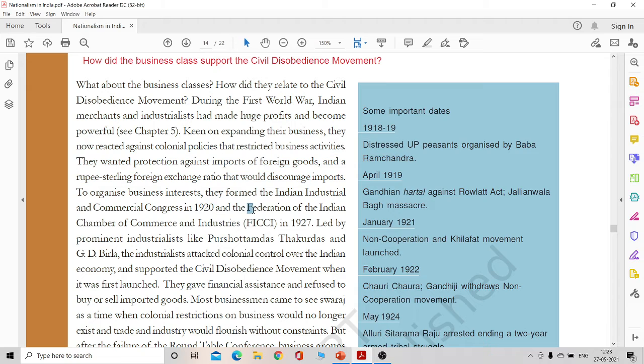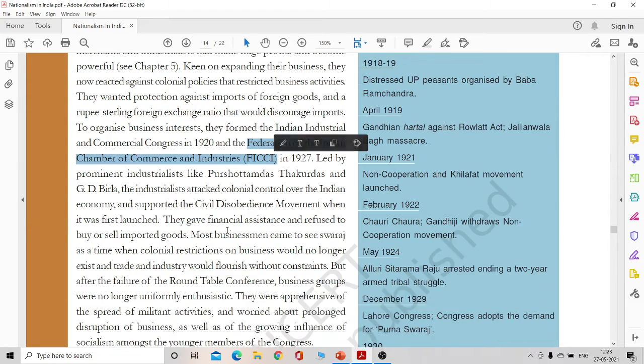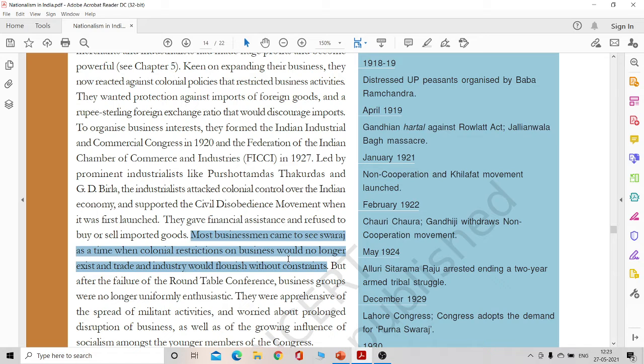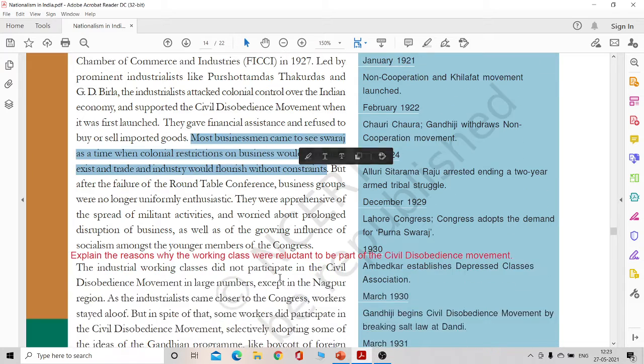For that reason, the FICCI, Federation of Indian Chambers of Commerce and Industries, was formed, and this is how they lent support. And many businessmen saw Swaraj as a time when colonial restrictions on business would no longer exist, right? And industry would flourish without constraints.